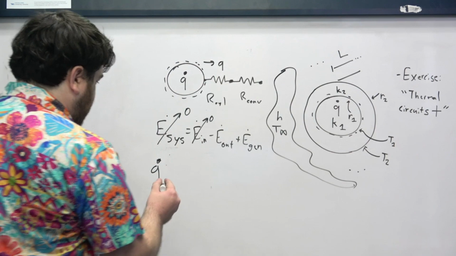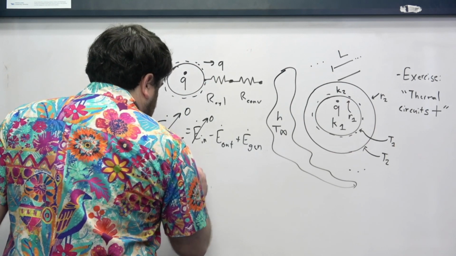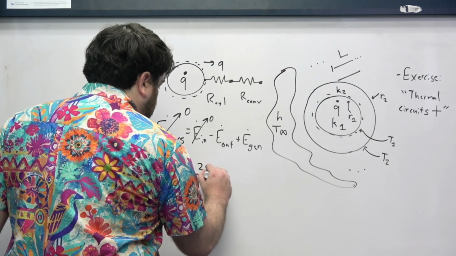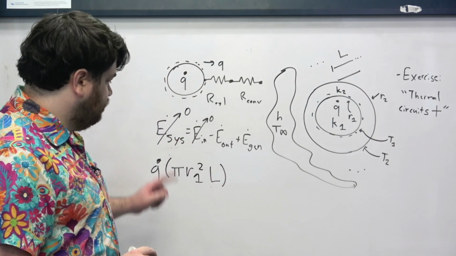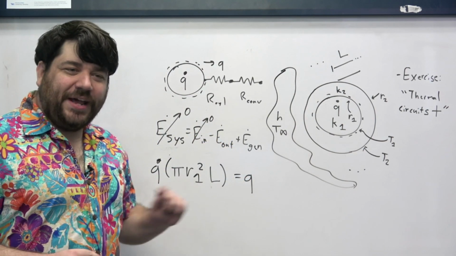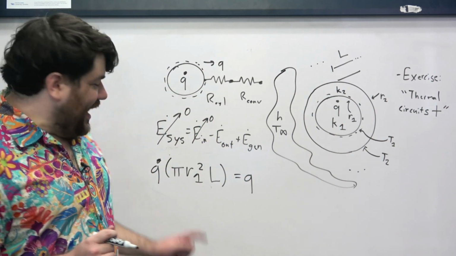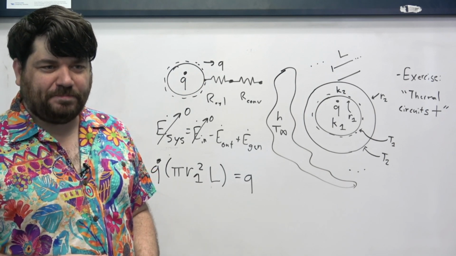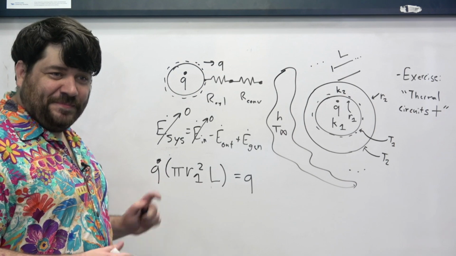So this is just pi r1 squared times L. And this is equal to Q. And so now we've been able to figure out what Q is as a function of Q dot and these other geometric variables. So now we have it.